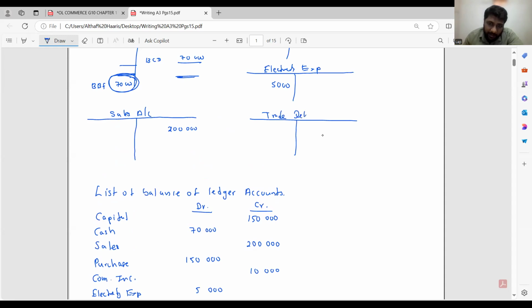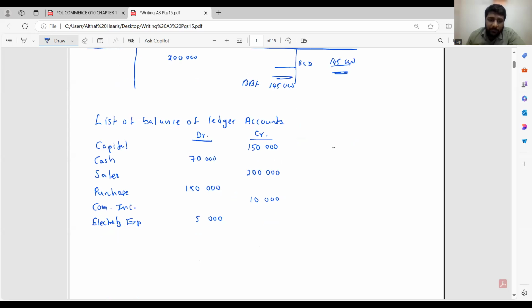It has a BCD of 145,000 and a BBF of 145,000. I'm taking the BBF side, so trade debtors, 145,000.